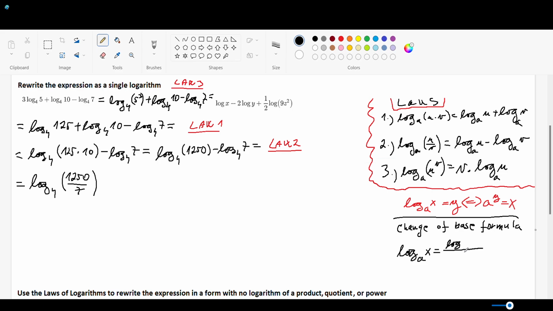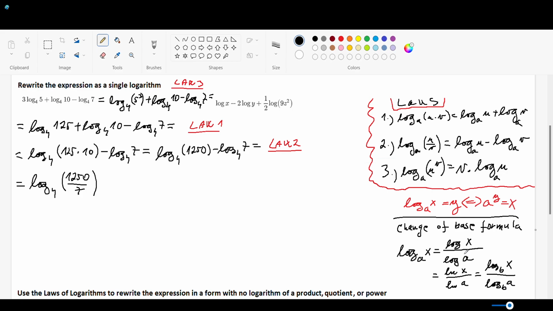So it's logarithm base 10 of x over logarithm base 10 of a. This is one possibility. The same can be applied for the natural logarithm: natural logarithm of x over natural logarithm of a, which is also true for any other base, written as logarithm base b of x over logarithm base b of a.